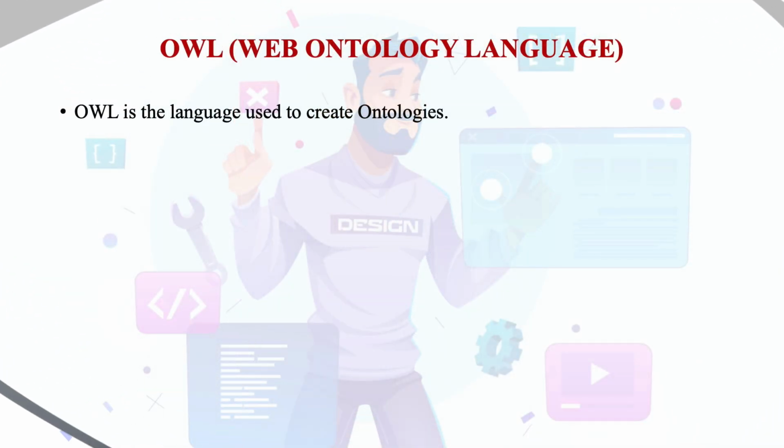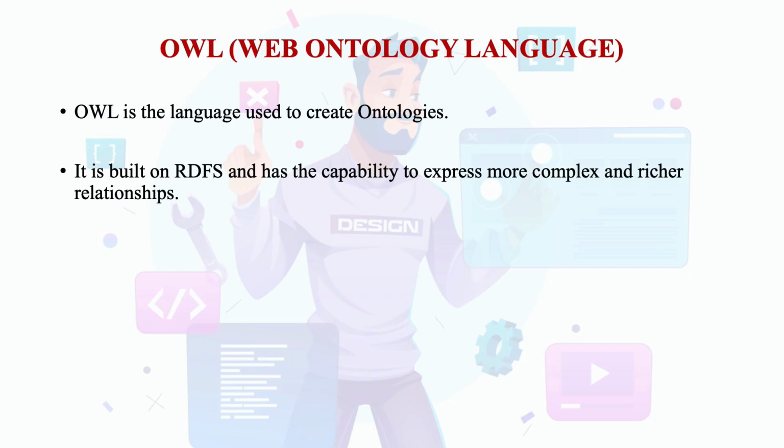But here we will be using RDF as the basic building block in the semantic web. OWL is the language used to create ontologies. It is built on RDFS and has the capability to express more complex and richer relationships.